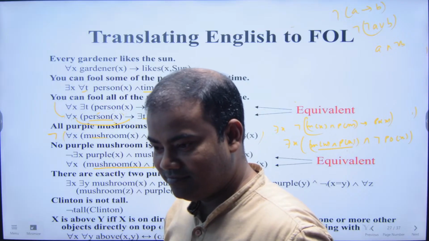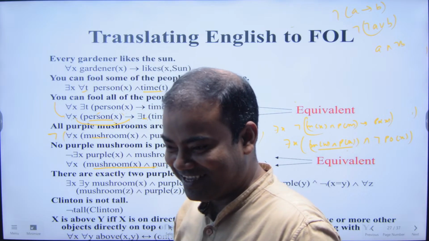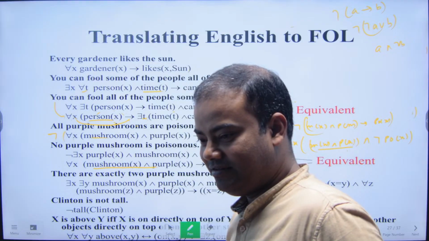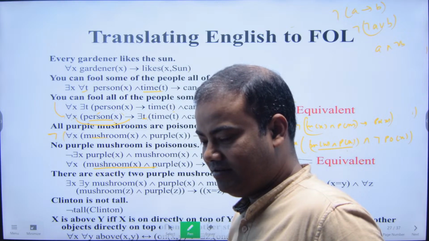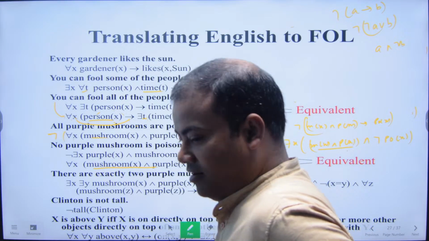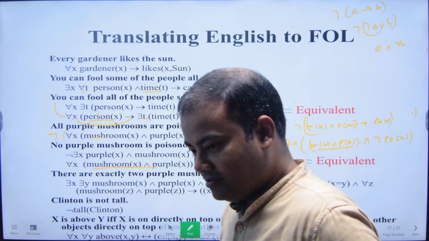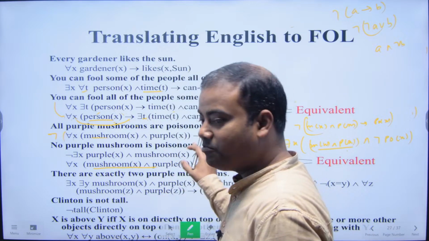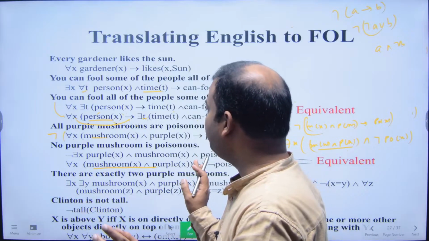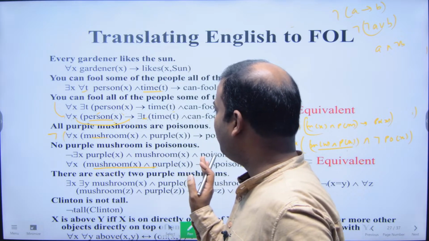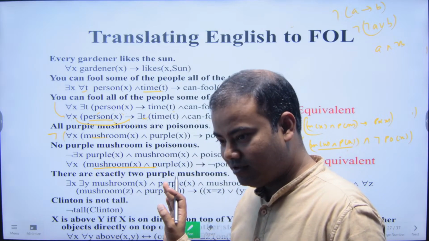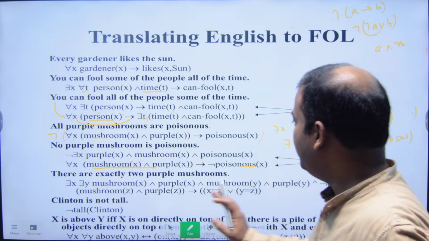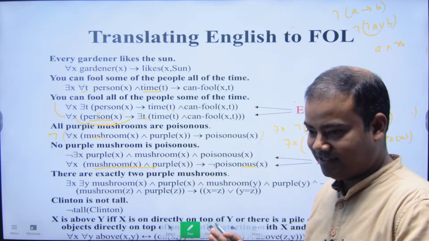The negation is there exists. So no purple mushroom is poisonous means, if it is purple, it is confusing.